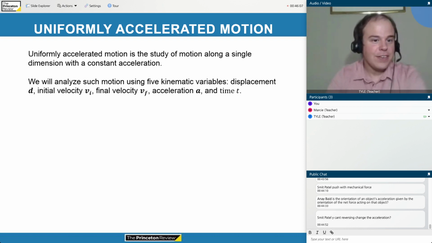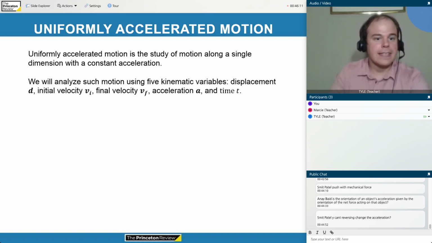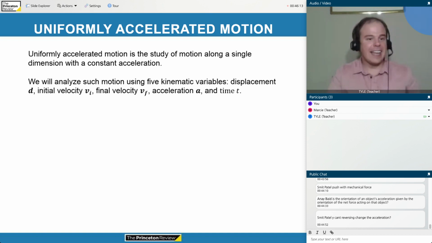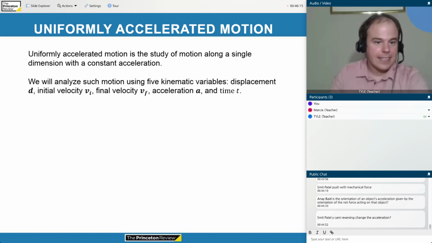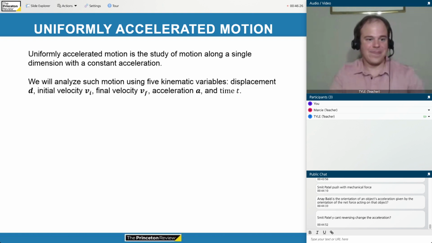All right. Let's talk about uniformly accelerated motion next. So this is the study of motion along a single dimension with constant acceleration. We'll analyze this type of motion using 5 kinematic variables: displacement, initial velocity, final velocity, acceleration, and time.